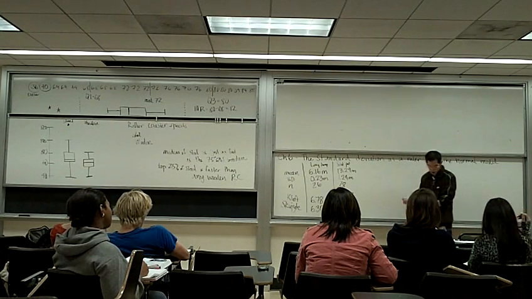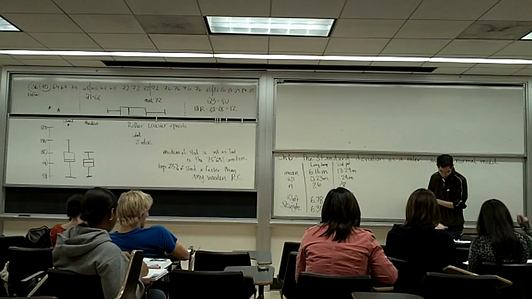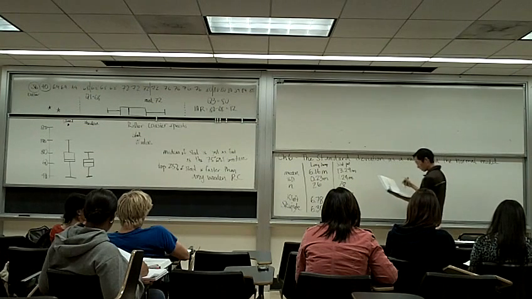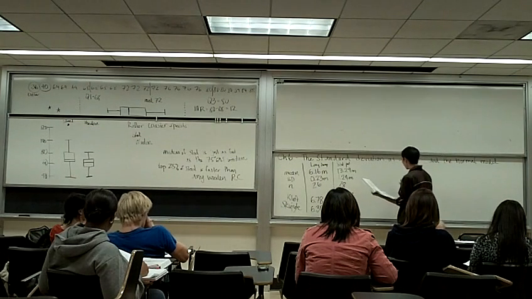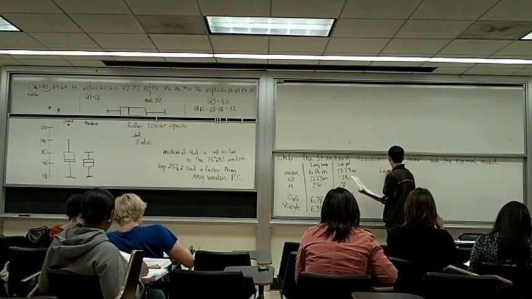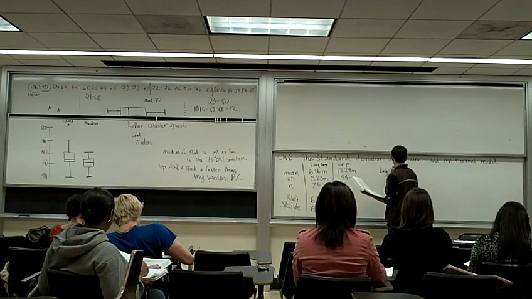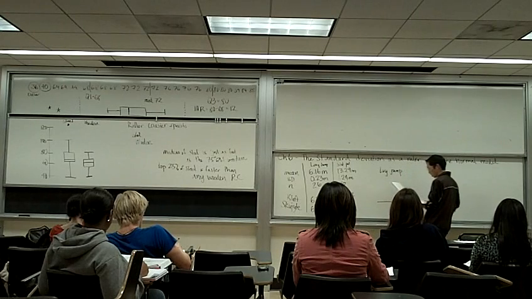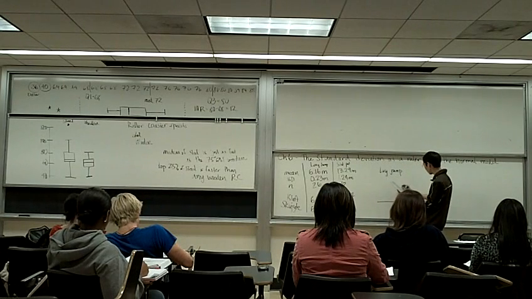If we were to draw the distributions for the long jump, the histogram looks kind of like, I don't know how to do this.